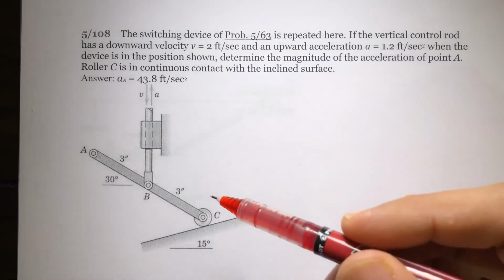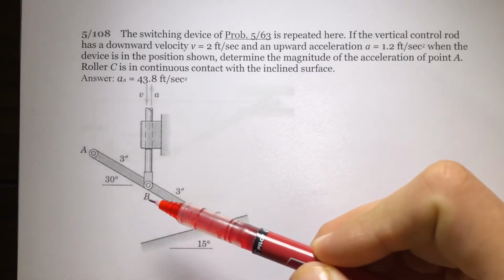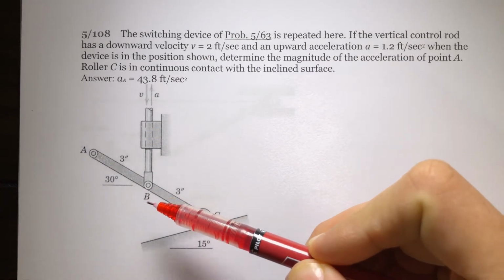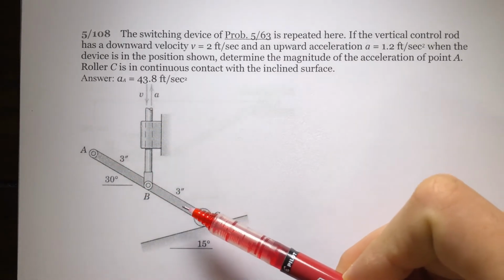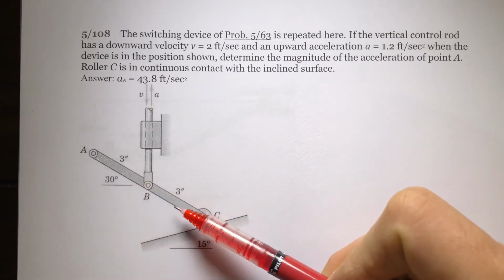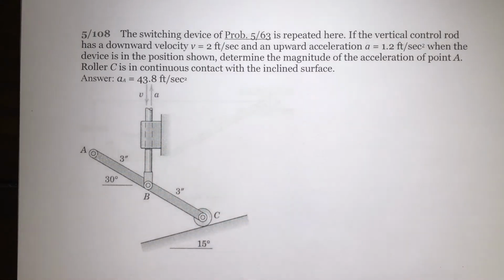Okay, like many other problems that we did before, to analyze acceleration of a mechanism, you must do velocity analysis before. For example, to solve this problem, we need to know what is the angular velocity of this rod, okay? So let's say we did that part, which we did in a few videos before.